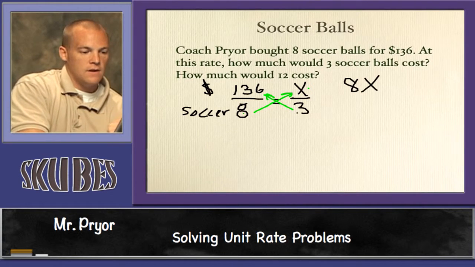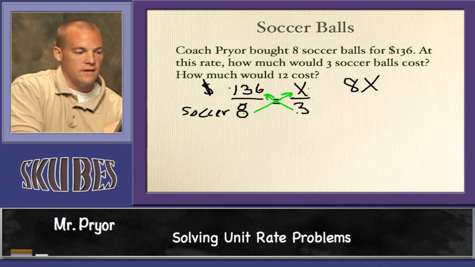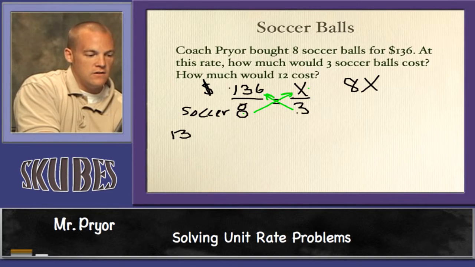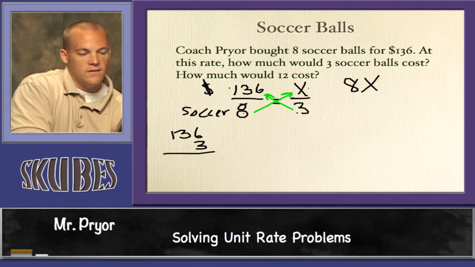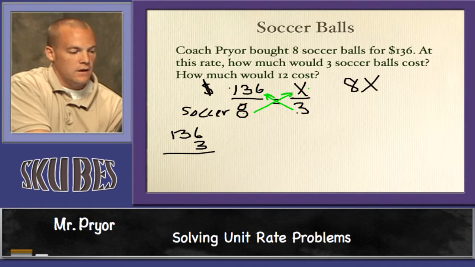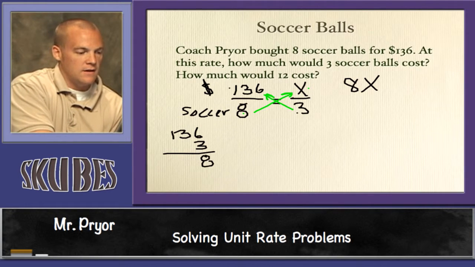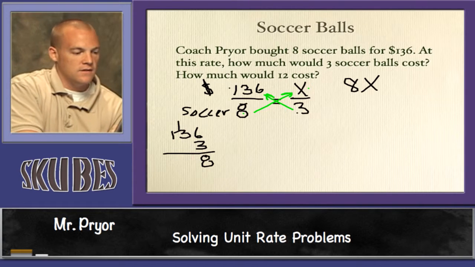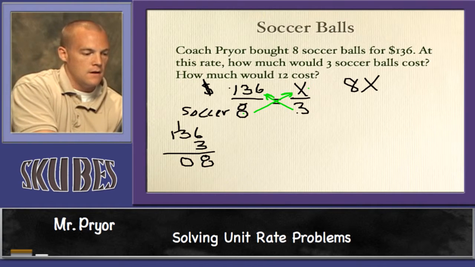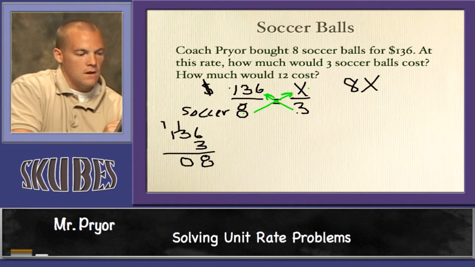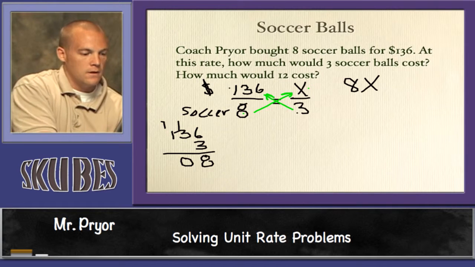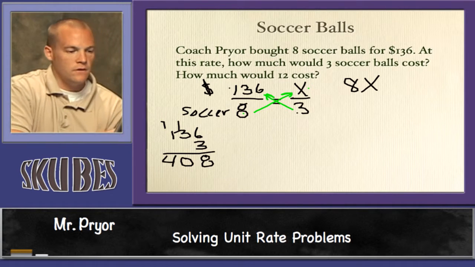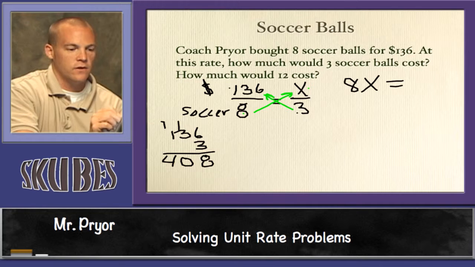And then you're looking at 3 times 136. If you can't do that in your head, you need to go off to the side and work a little bit of scratch work. So that's 3 times 6, which is 18, carry the 1. 3 times 3 is 9, plus 1 is 10, carry the 1 again. And 3 times 1 is 3, plus 1 is 4. So we're looking at 8x equals 408.